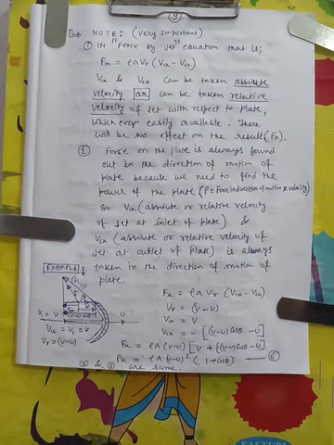If here we are taking relative velocity V1x, then V2x we will have to also take relative velocity. If V1x we are taking absolute velocity, then V2x we will have to take absolute velocity. So no result will be affected if we are following this. Both will be relative velocity or both will be absolute velocity.